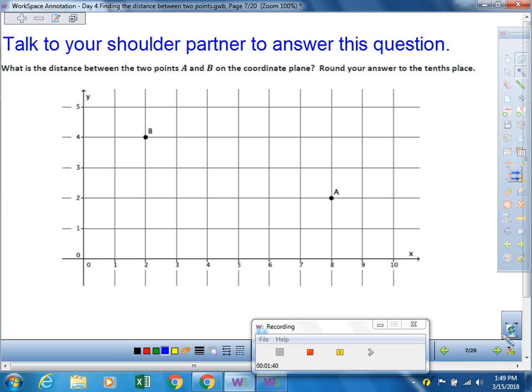So, here are 2 points on the coordinate plane. I want you to think to yourself, how would you calculate the distance between these 2 points?